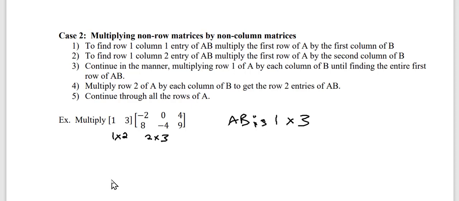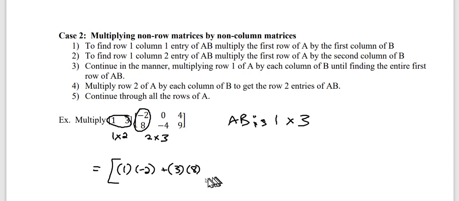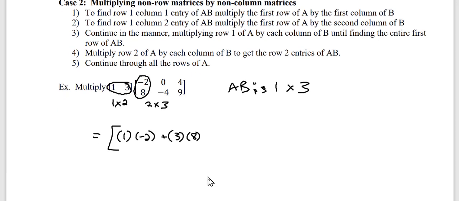Okay. We multiply the first row by the first column. We do that by multiplying 1 by -2 plus 3 times 8. Whatever that number is, it goes in the first row, first column position.